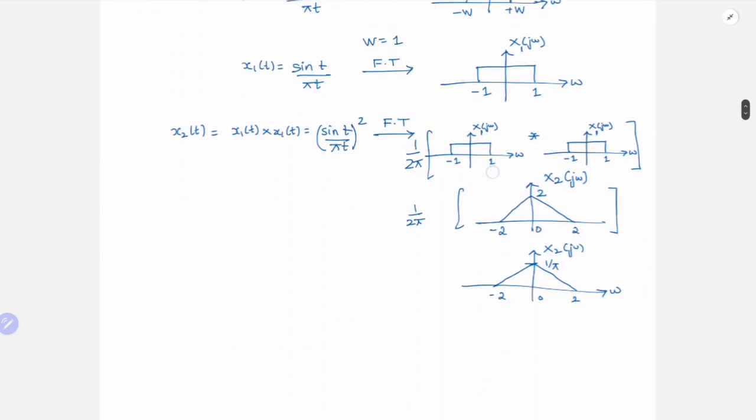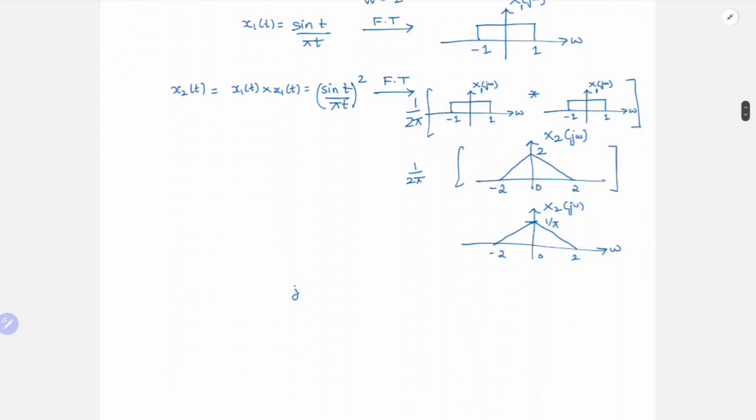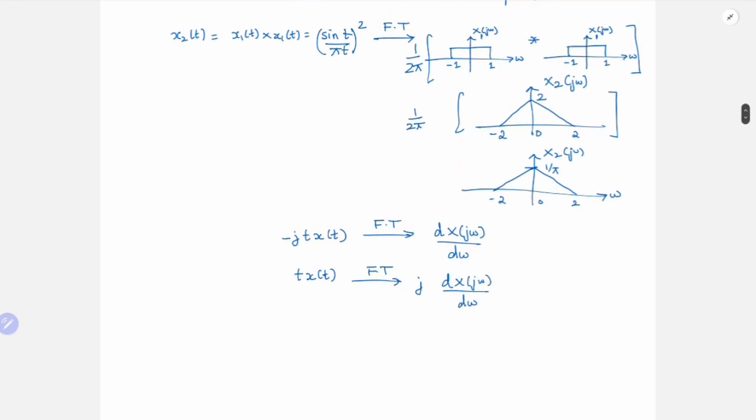So we already saw that -jt x of t has a Fourier transform dX of j omega by d omega, right? Or if we take this to the other side, t x of t has a Fourier transform j into dX of j omega by d omega, because 1 by minus j we can write as j. So we can use this.